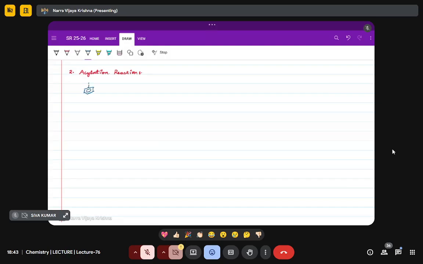Phenol with acid chloride in presence of pyridine. What is the role of pyridine? To remove HCl.